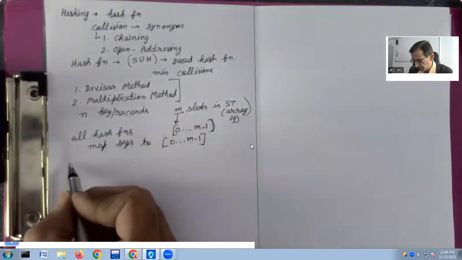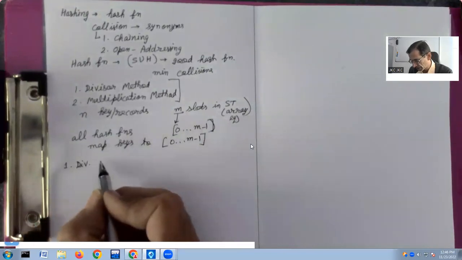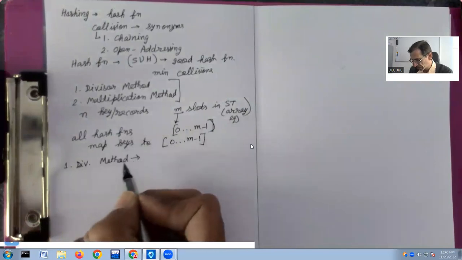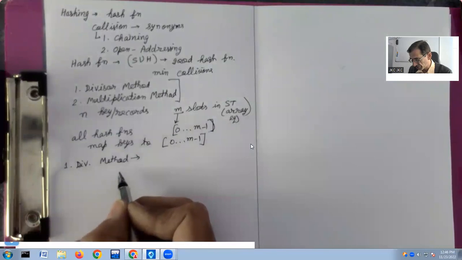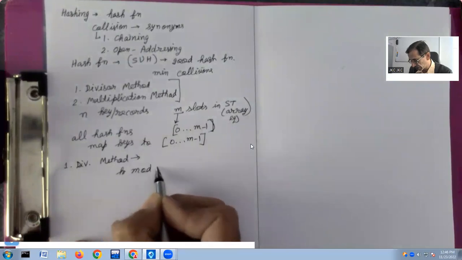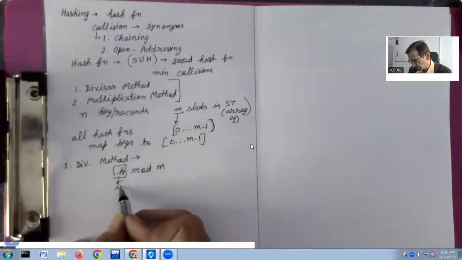The simplest method, called the divisor method or division method, can be used if I have integer keys, or some way I am able to convert my key into an integer value. Then I would like to apply a mod function.